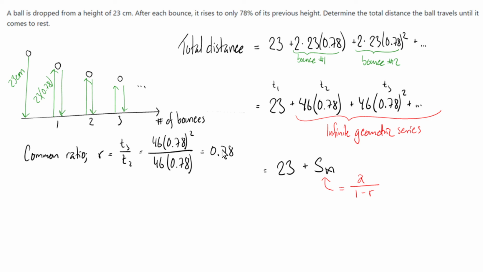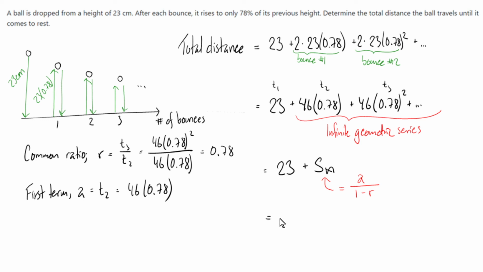Okay. Now the first term, a, equals, in this case here, term number 2, which is 46 times 0.78. So now it's just a matter of plugging it in.